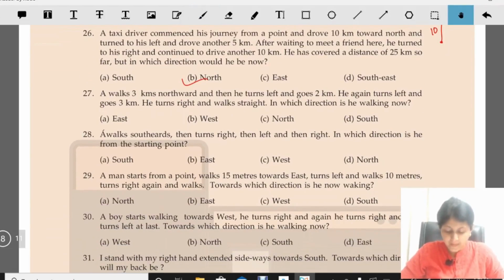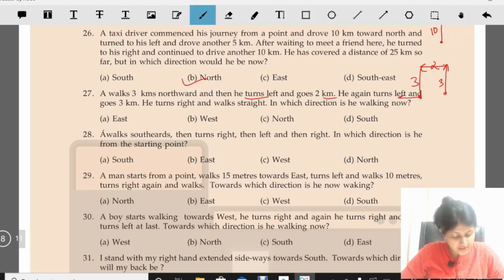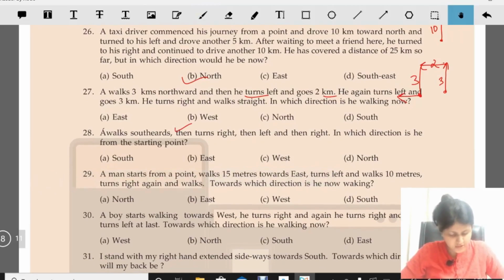27. A walks 3 kilometers northward. He turns left and goes 2 kilometers. He again turns left and walks 3 kilometers. He turns right and walks straight. In which direction is he walking now? He's walking in the west. Just a minute.